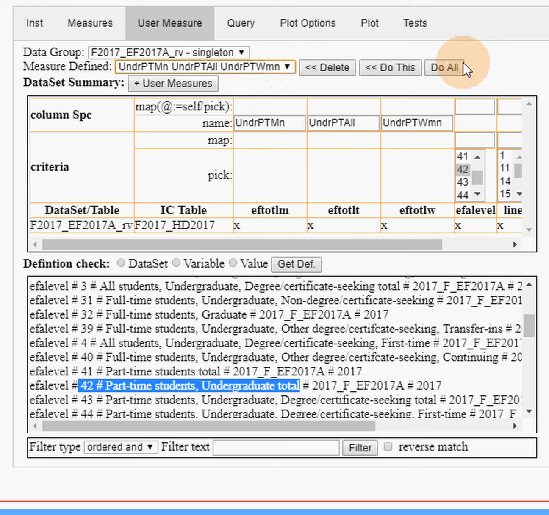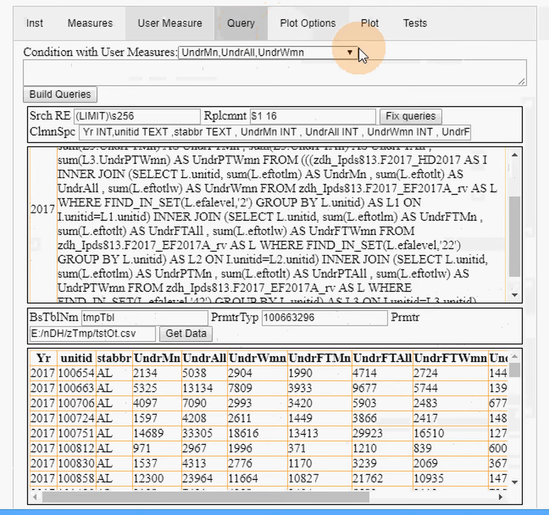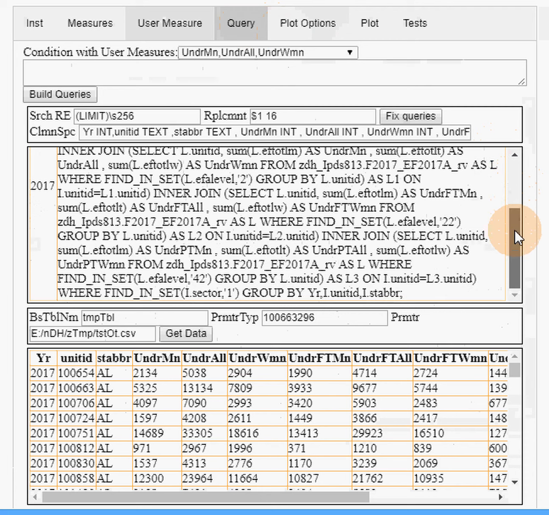After that, we select all and query our data. We build the queries, and we get the data. So this is where we got the data.